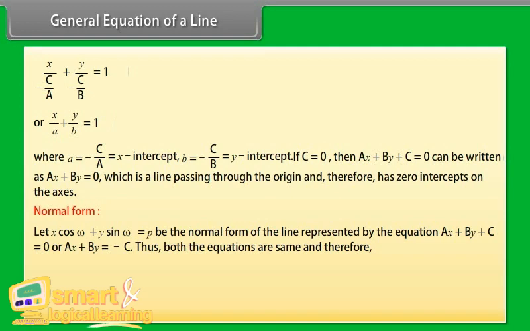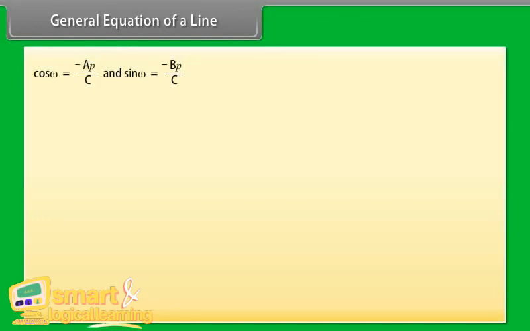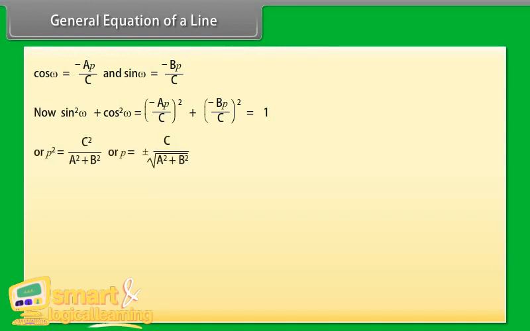Thus both the equations are the same, and therefore a/cos omega = b/sin omega = -c/p, which gives cos omega = -ap/c and sin omega = -bp/c. Now sin² omega + cos² omega = (-ap/c)² + (-bp/c)² = 1, or p² = c²/(a² + b²), or p = ±c/√(a² + b²).